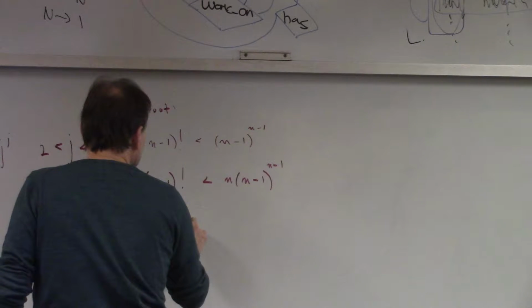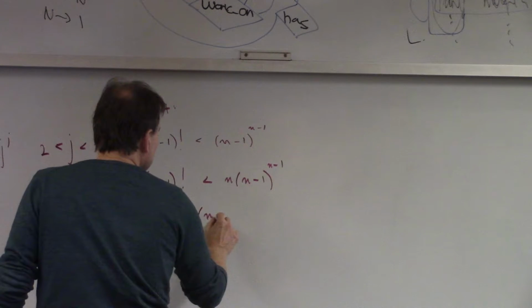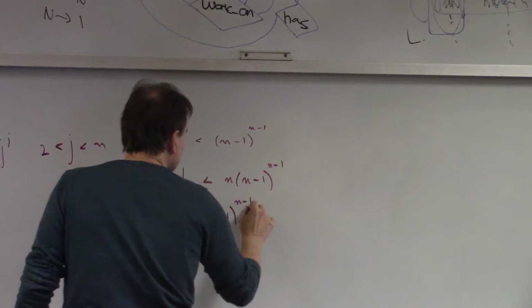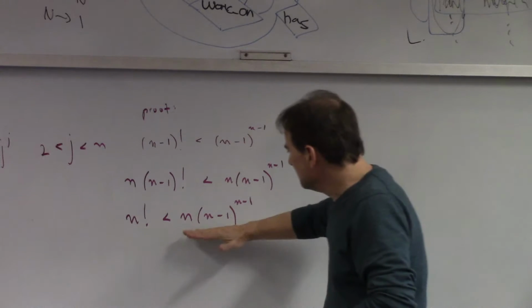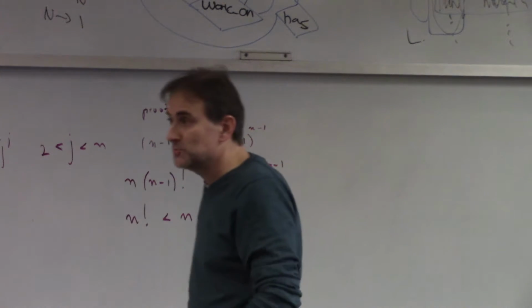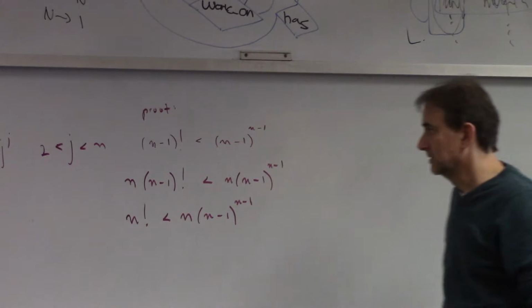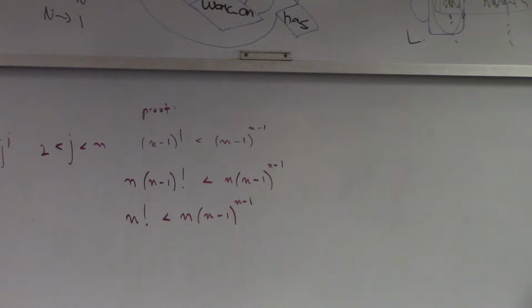So I have n factorial is less than n times n minus 1 to the n minus 1 power. The left side matches perfectly, but the right side does not. So what can I do to switch the right side of the inequality to the one that I'm trying to prove?